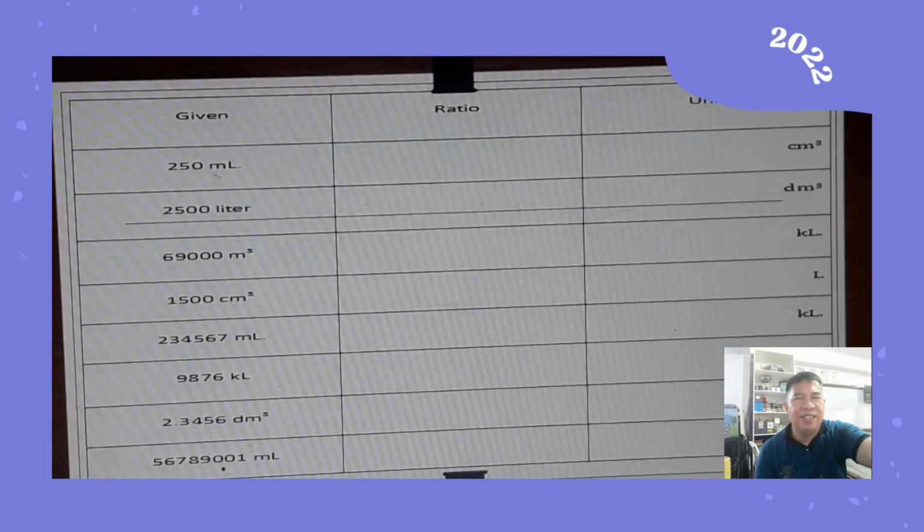You can use the metric converter, or you can use mathematical manipulation in order to get the corresponding value. Given are 250 milliliter, rather. Next is 200, you have to convert it into cubic centimeters. Next, 2,500 liters converted into cubic decimeter.